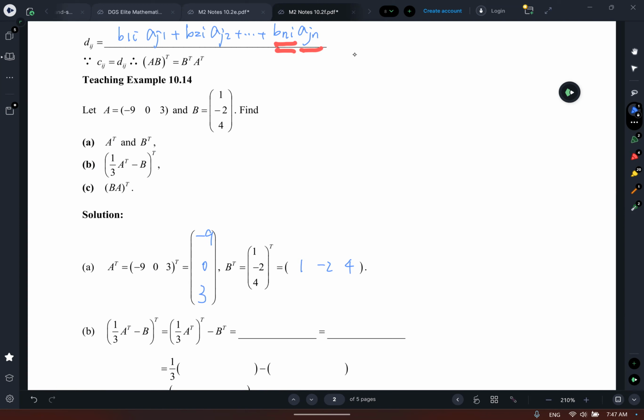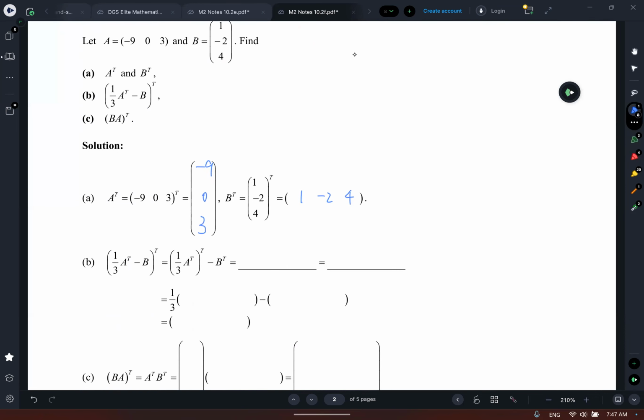But since we know a little bit more about the transpose now, I think we can do it in a simpler way. This is a difference transpose, so I can do transpose first and then the difference. And for the first one, it's a scalar multiplication transpose.